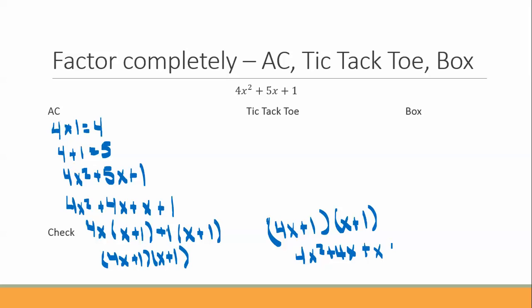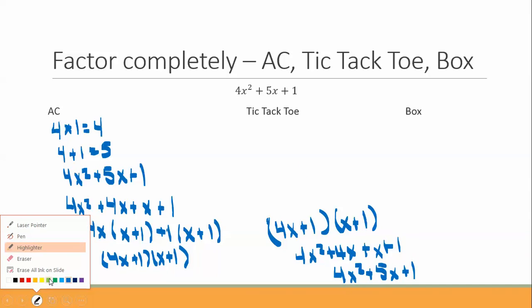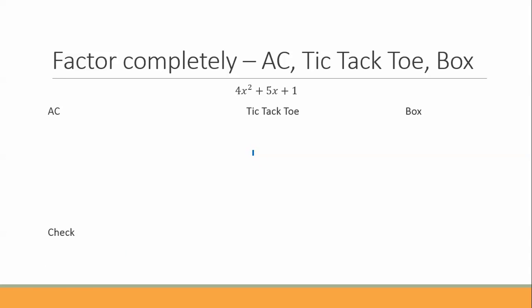And 1 times 1 is 1. So now we have 4x squared plus 5x plus 1. So it does check out, but let's do the tic-tac-toe method so we can see that method.